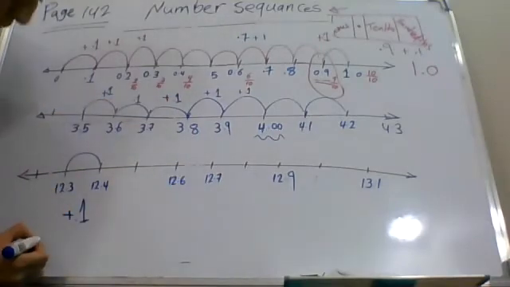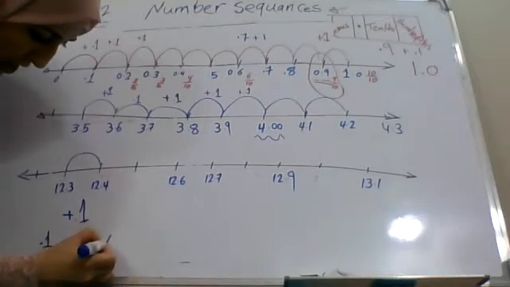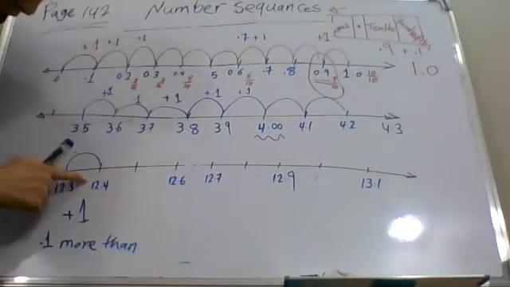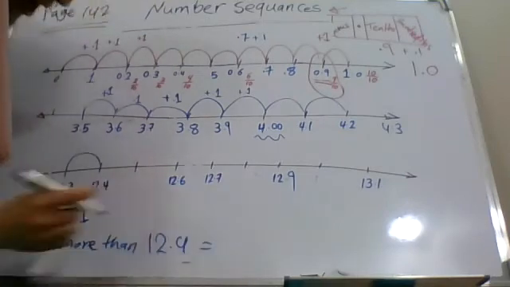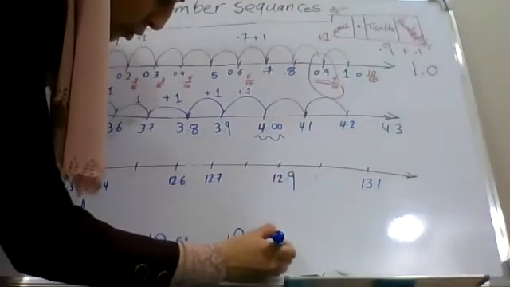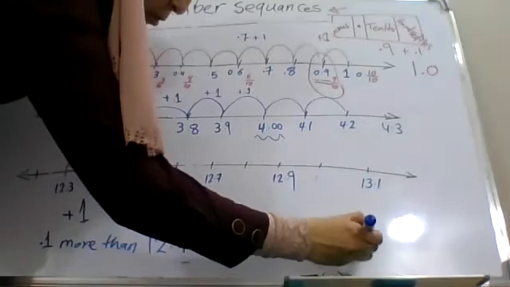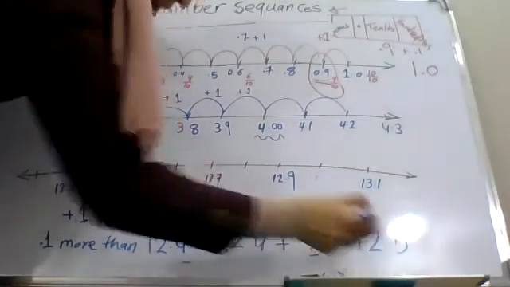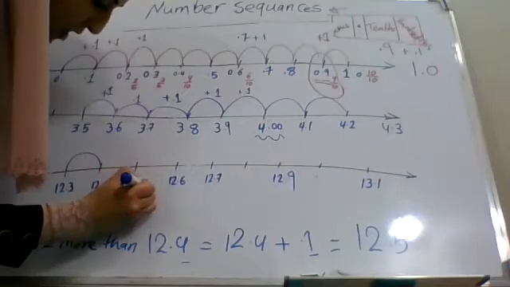Can you tell me what is 0.1 more than, look, we are on 12.4. We are saying that we need to add 12.4 plus 0.1, okay? So the answer is going to be 12.5. So the missing number, bravo Zaid, is 12.5.